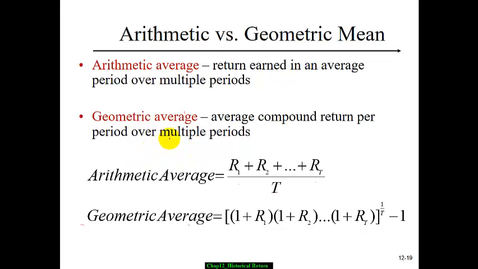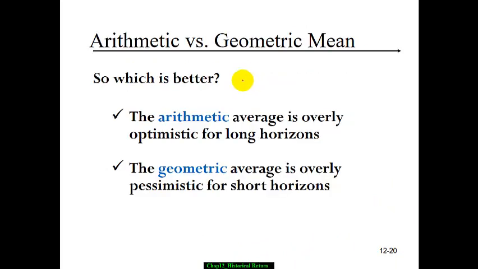It considers more the compounding effect, meaning you earn return on the past profits. So the geometric average is a different measure. We're going to use 1 plus R annual return, keep multiplying, and in the end, raise the power to 1 over t, subtract 1.